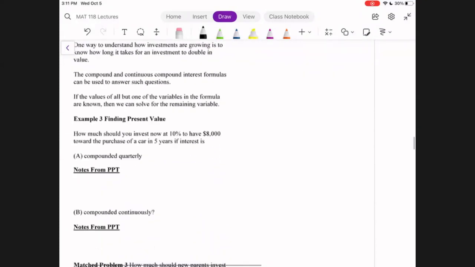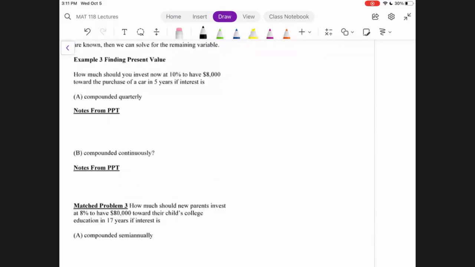This talks about how much you would need to invest at 10% to have so much money in the future. So this talks about quarterly. Let's just write the equation down and see what we get.